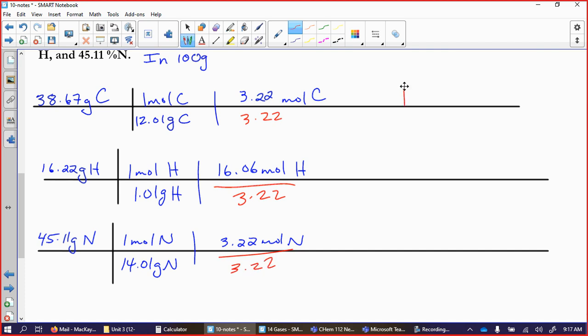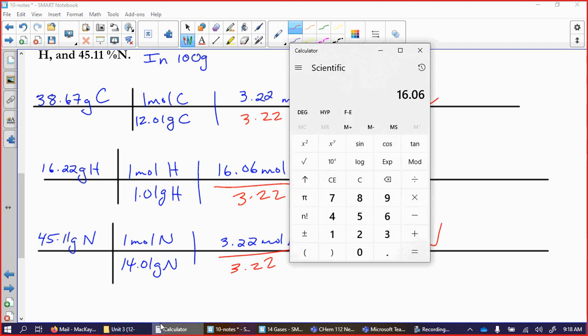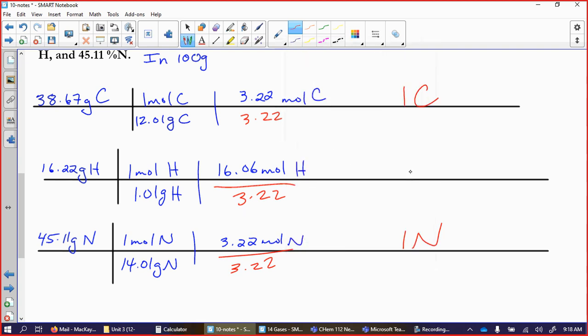This gives us 1 carbon, 1 nitrogen, and 4.987577 hydrogens, which rounds to 5 hydrogens.